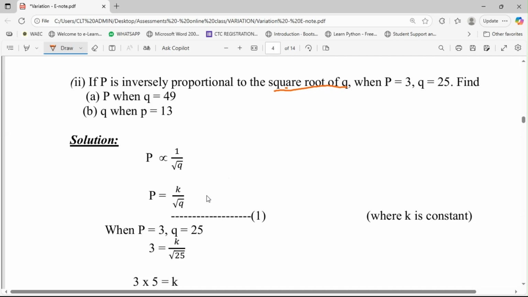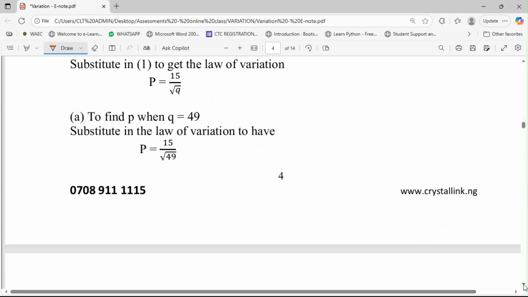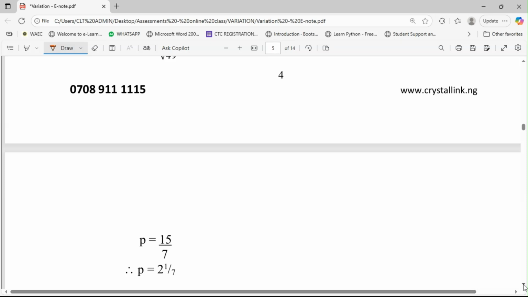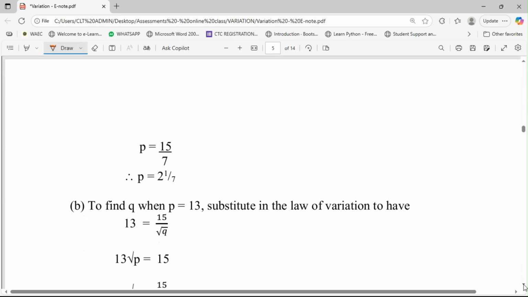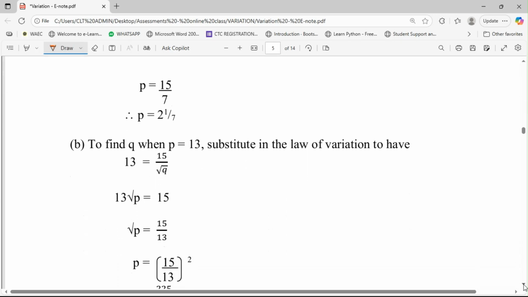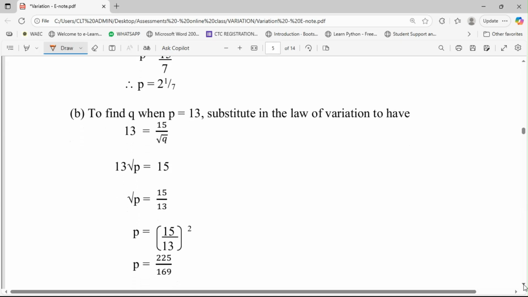Square root is square root of q. Then use the initial values, put them here, and do your calculation. It's clearly explained in the note here. If you have any ambiguity, you can ask questions using all the appropriate channels.